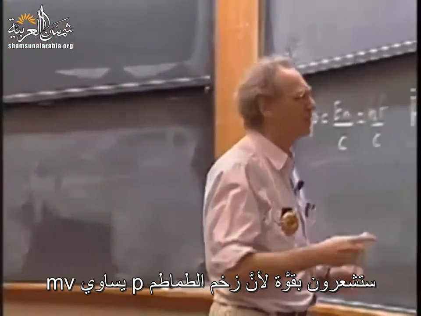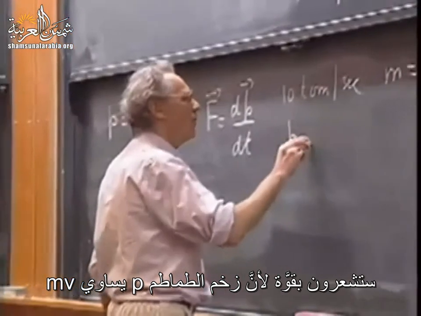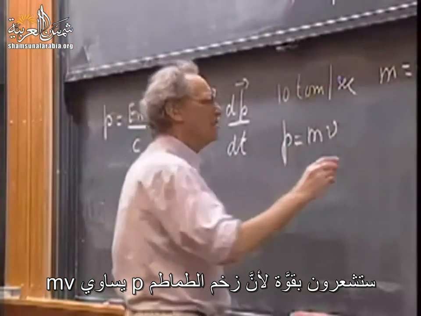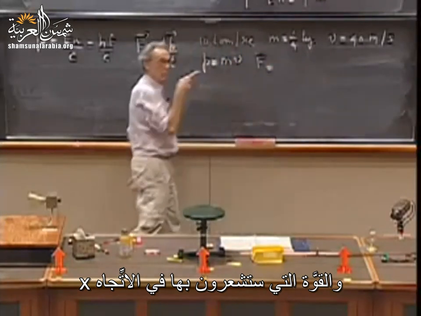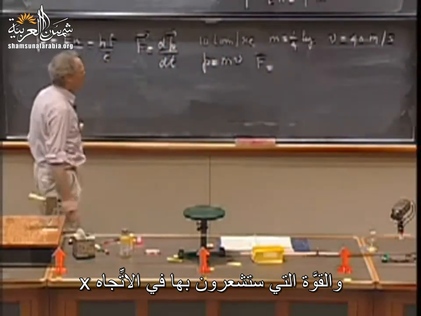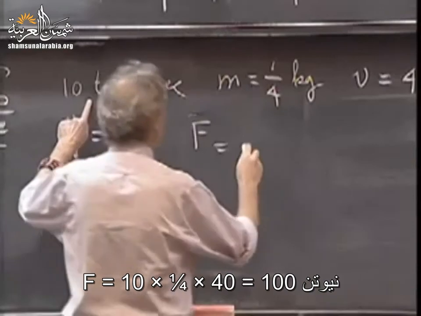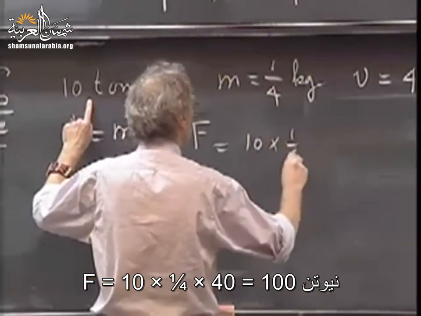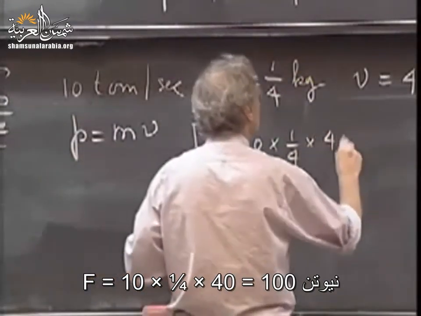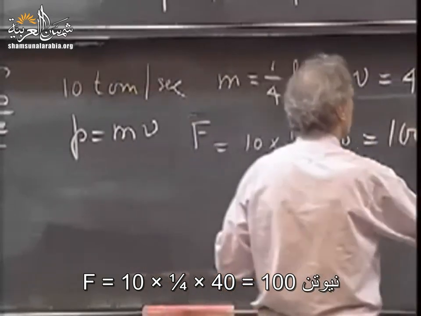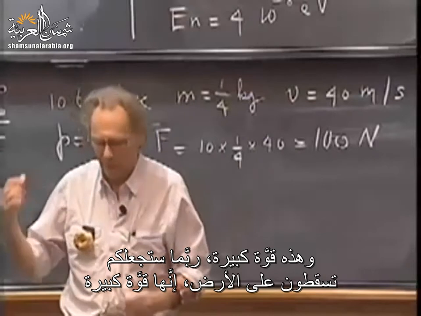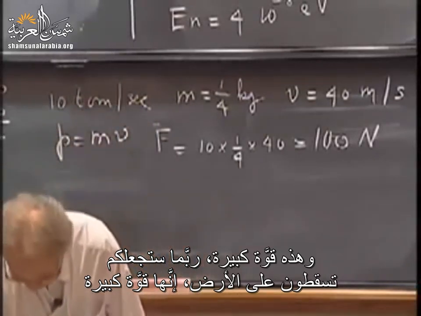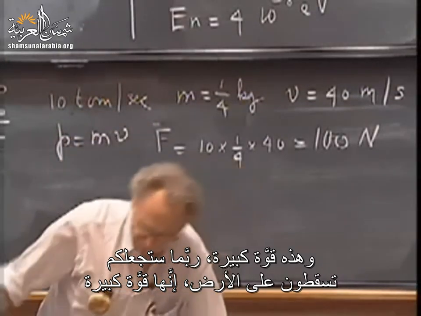You feel a force, because the momentum of a tomato is mv, and the force that you will feel in the x direction, momentum transfer, is now going to be 10 times 1/4 times 40, which is about 100 newtons. That is a substantial force. It may actually throw you over. It's a huge force.